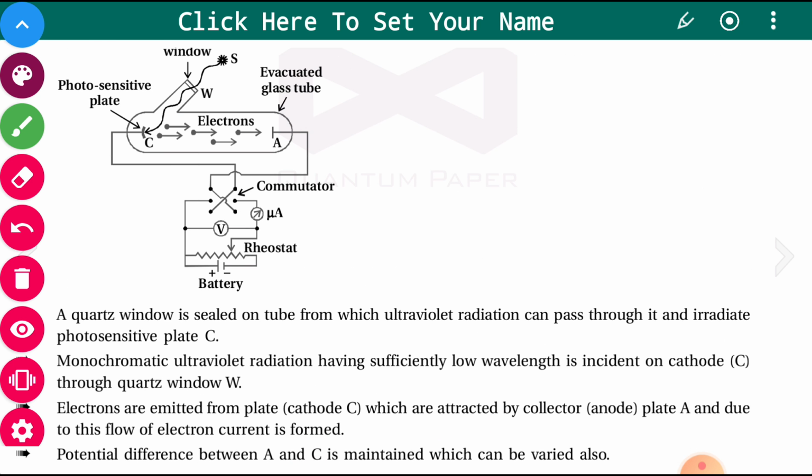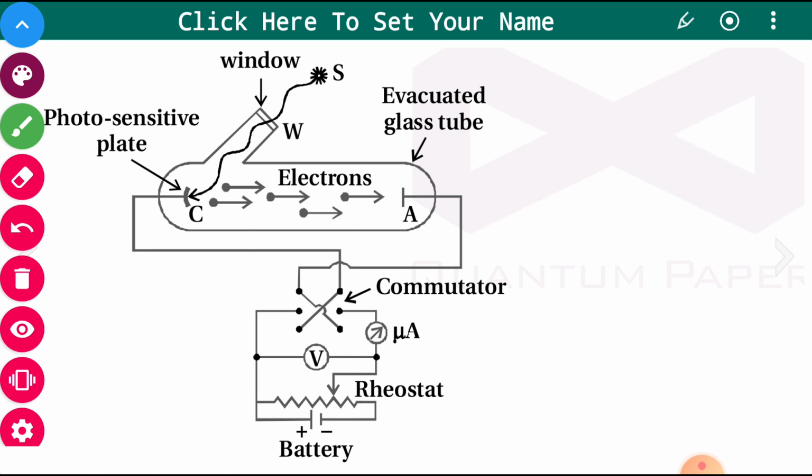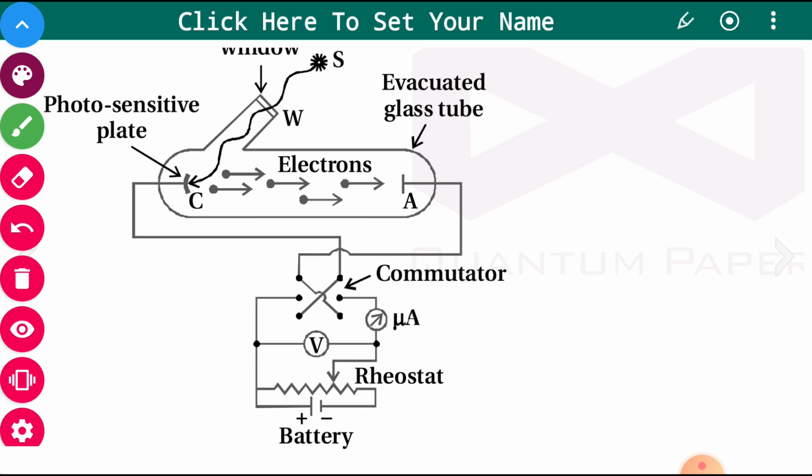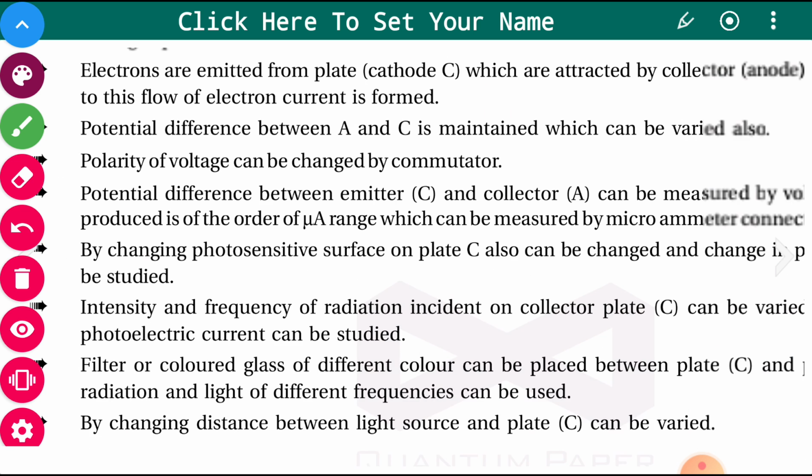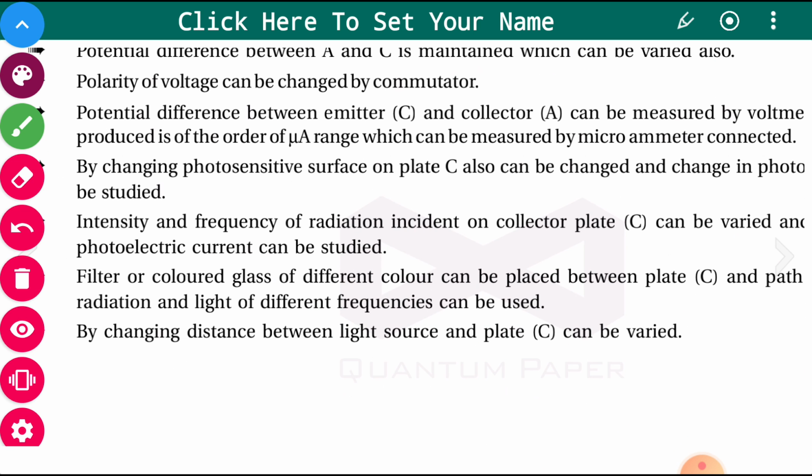Say for example, initially you have kept zinc, and if you want to make this photosensitive surface that of copper, then it can be changed here at point C, or the cathode can be changed as per the requirement.